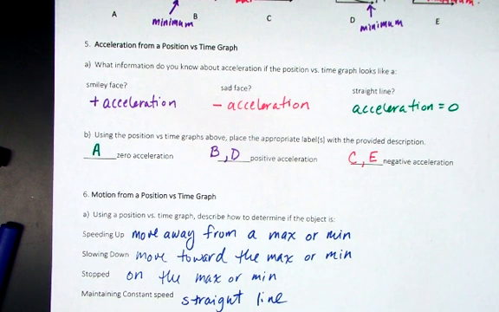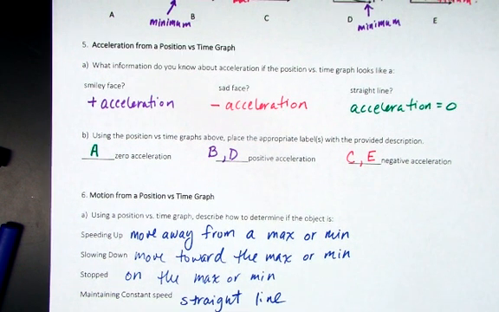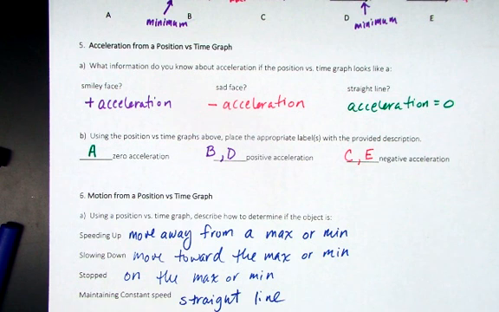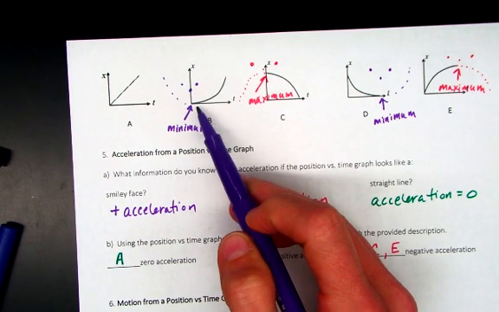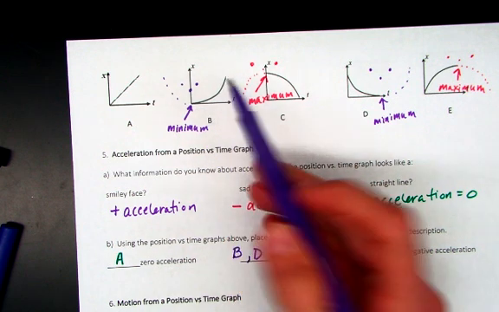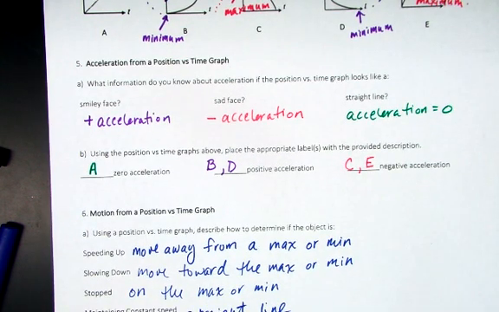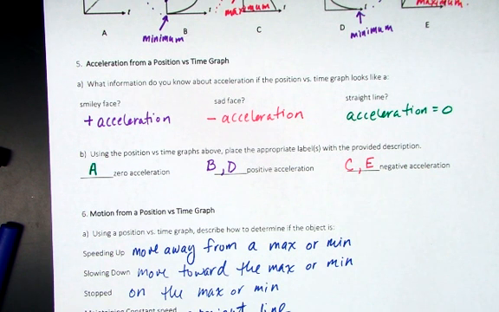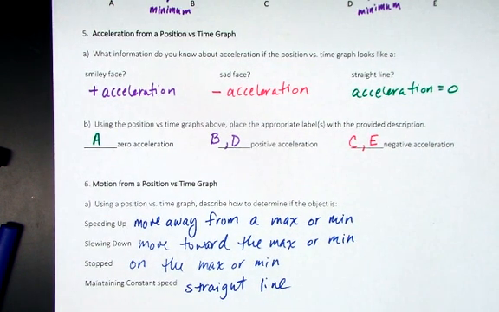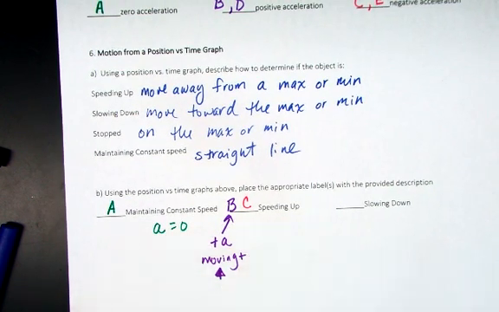If your acceleration is in the same direction as your motion, right? So here, positive acceleration, and I'm speeding up in the positive direction. So I'm moving in the positive direction, so I must be speeding up.